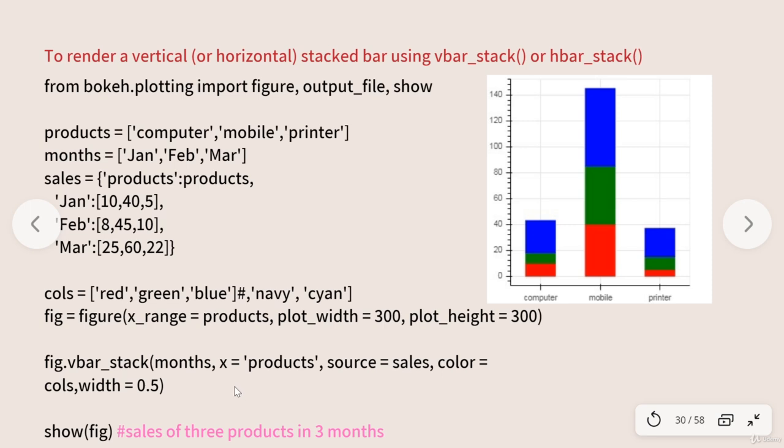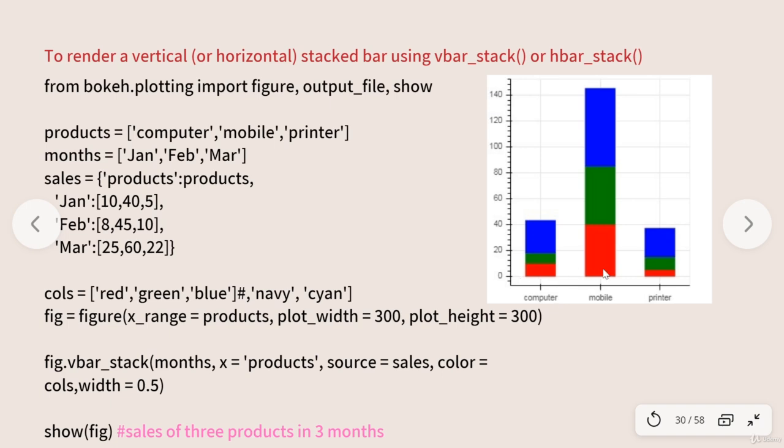So I have given three parameters here: the months, the x-axis, the products, x equal to product, because I want to showcase the sale of my product, and then source is equal to sale. This is the basis on which I want my bar to be stacked, and color equal to colors, which I have already defined, and width equal to 0.5.